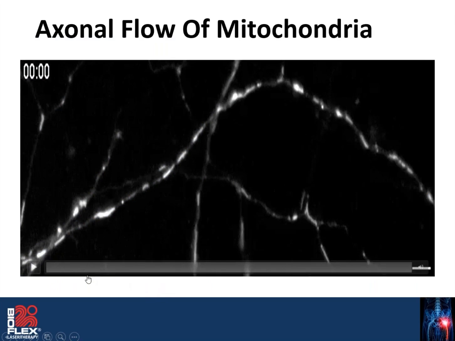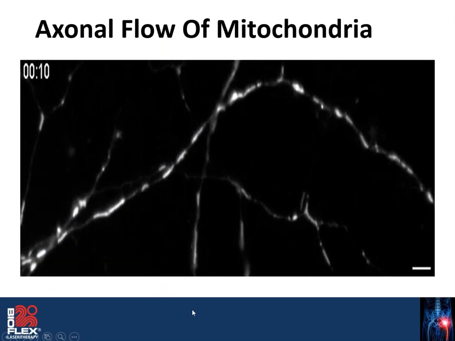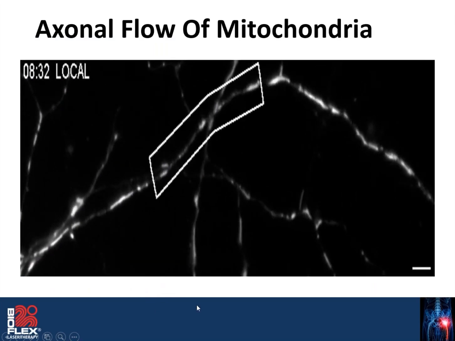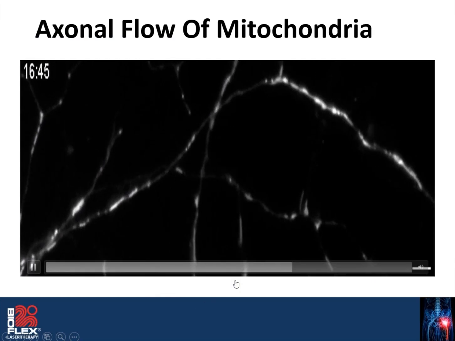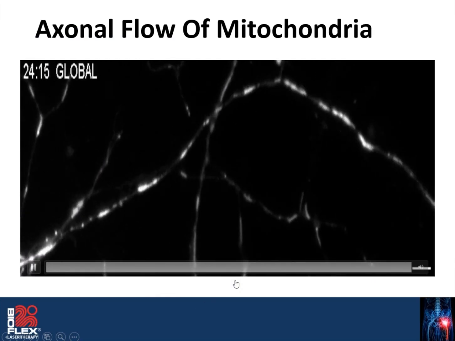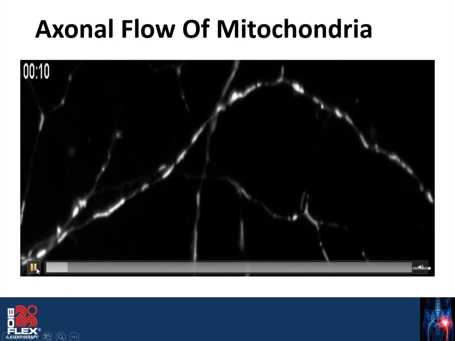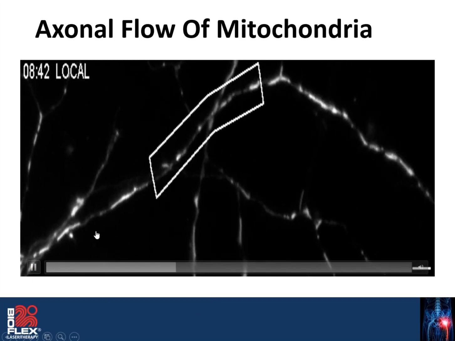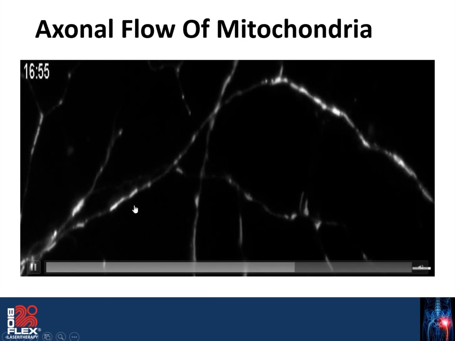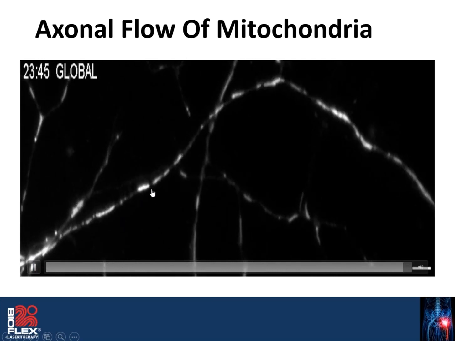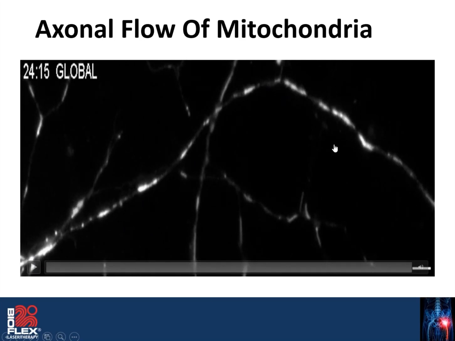This is from Roberta Chow's paper. Check this out. So this is the axonal flow of mitochondria moving along axons. So I'm just going to do it one more time. So you can actually see they're dyed, and you can actually see live footage of the mitochondria zipping along the length of the axon.